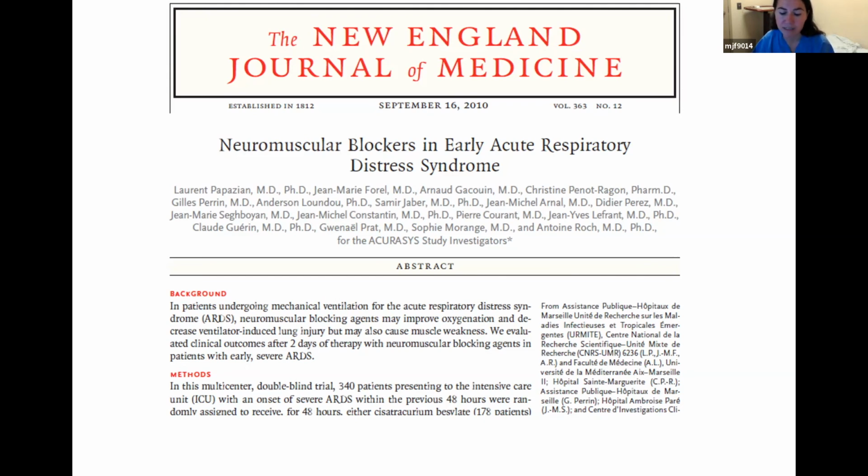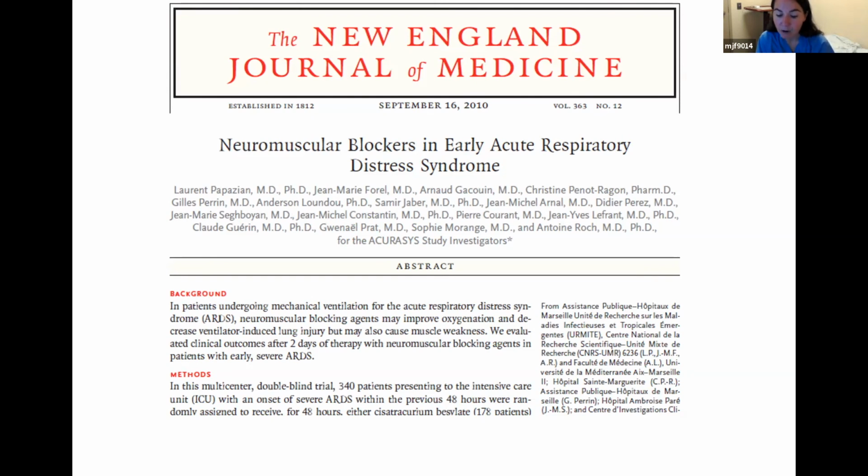This is the ACURASYS study, which compared treatment with the neuromuscular blocking agent cisatracurium for 48 hours early in the course of severe ARDS with people who were not paralyzed. They saw an improved 90-day survival rate and an increased number of vent-free days and days outside of the ICU.